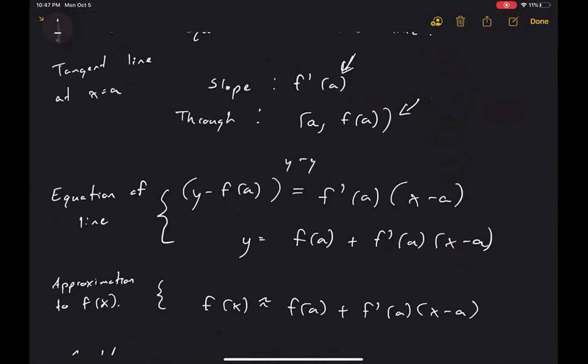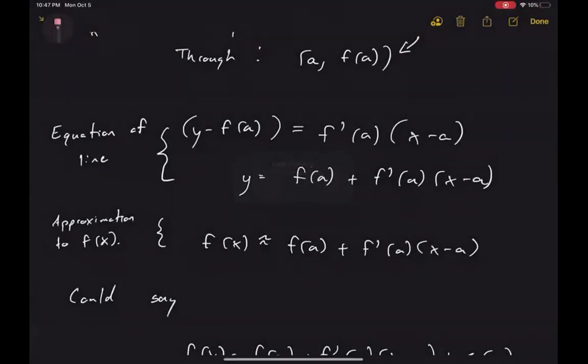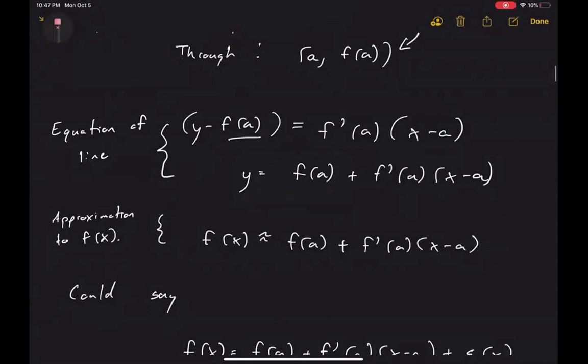Remember, that's y minus y1 equals m times x minus x1, where m is the slope and x1, y1 is my point on the line. So I've just plugged in my values here. If I rearrange that, I move this f of a over to the other side. I can say y is equal to f of a plus f prime of a times x minus a. So this is the equation of the line.